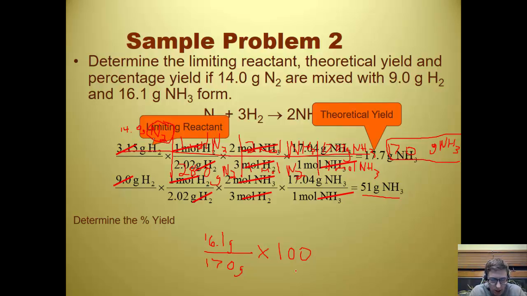Plug and chug. 16.1 divided by 17.0 gives us 94.7%. 94.7%. Better than the last time.